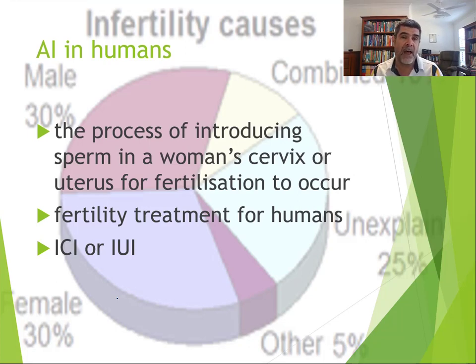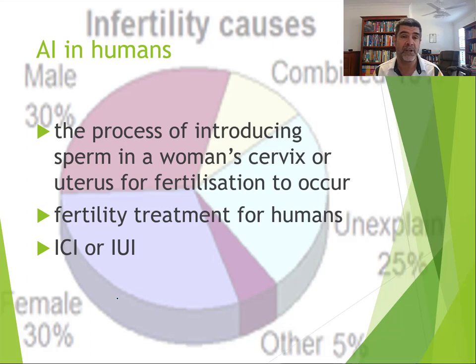In your booklets, you'll have some diagrams that show in a little bit more detail some of the mechanics associated with artificial insemination. It's just one of the many techniques that we have around reproductive technologies to help in the continuation of the species. And of course, like any of these technologies, it has both positive and negative aspects.